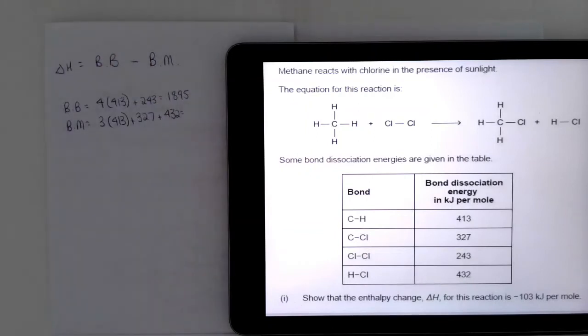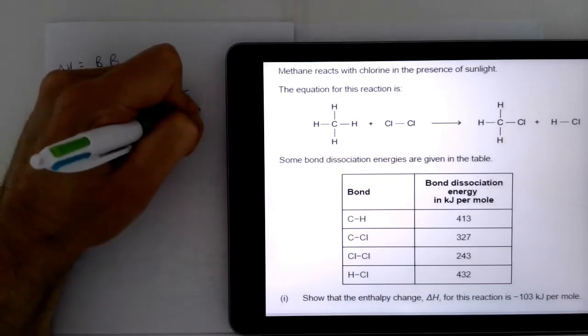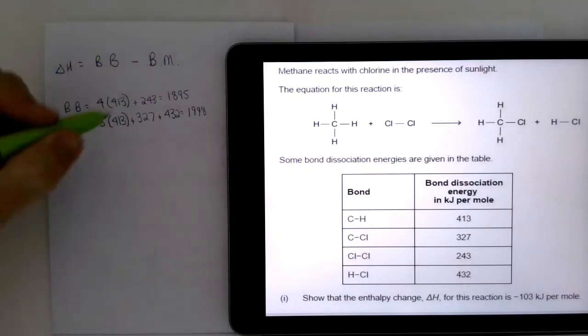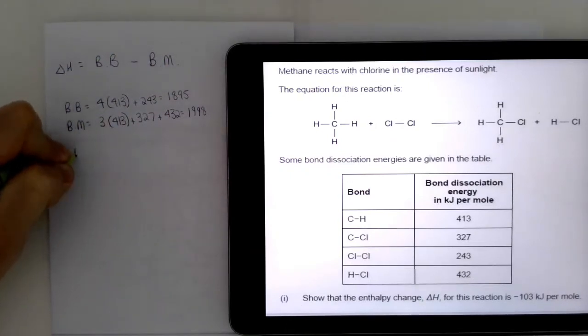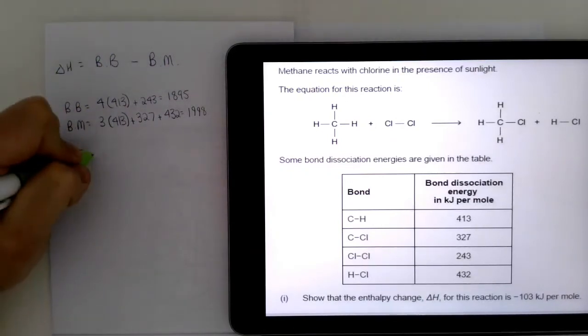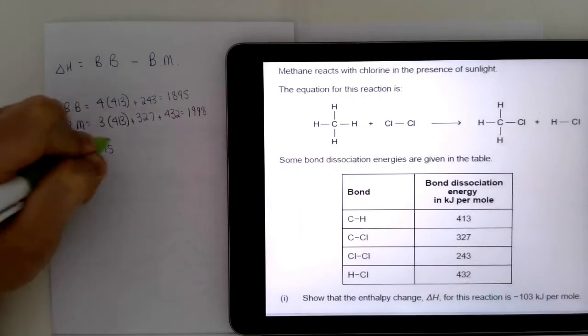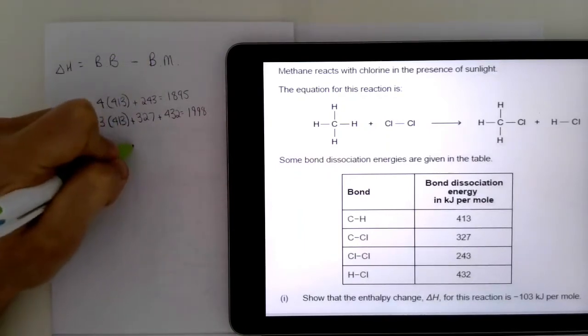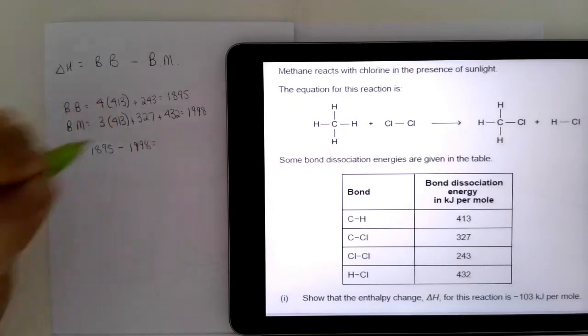So if I add up those values, I get 1,998.